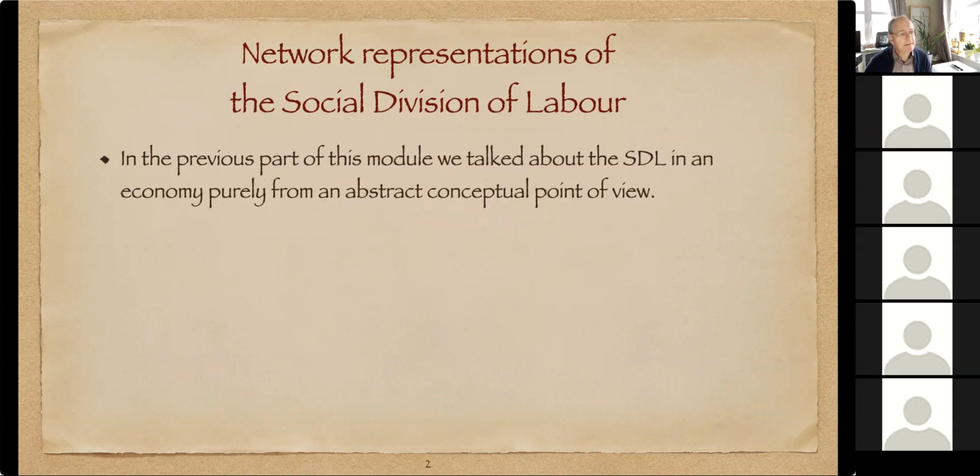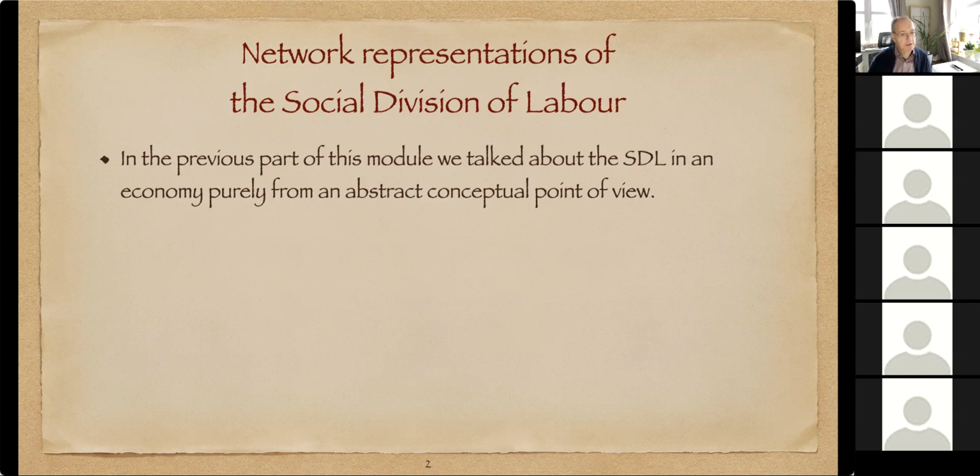So what are we going to aim for in the remainder of this semester? We are going to develop network models of an economy based on the social division of labor. We introduced the idea of a social division of labor, and I introduced very much the concepts related to that.